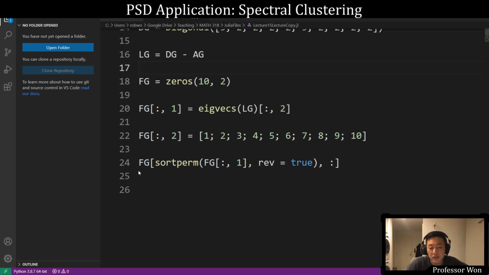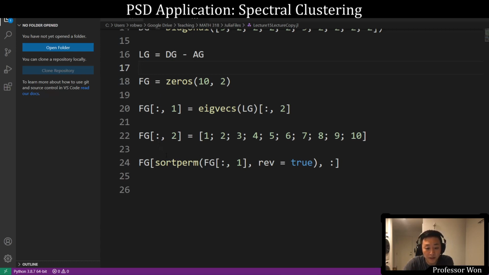And all I've done is sorted this in order of the first column in reverse. In other words, I've sorted it to list the entries in the Fiedler vector from largest to smallest. That's all I've done here.